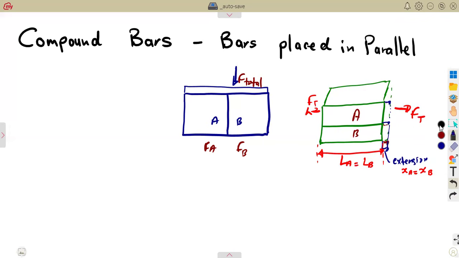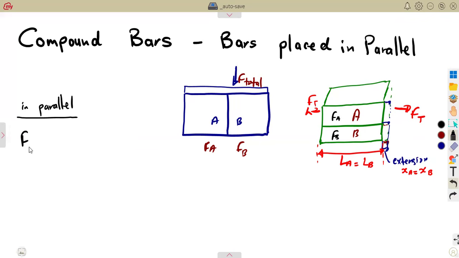So in parallel, we can conclude that, one, the force is the total of the two, because A has got its own and B has got its own.